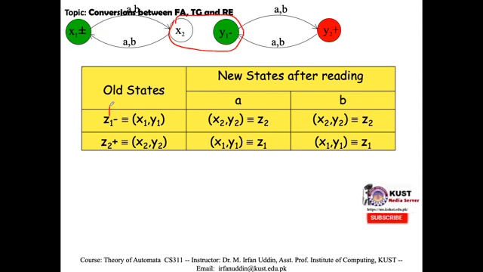So Z1, the initial state, we do not consider it as a final state anymore. So X1 and Y1, the initial states of both. Now reading A, we go to X2 and Y1 reading A, we go to Y2.